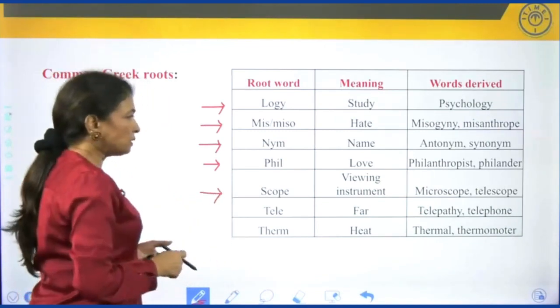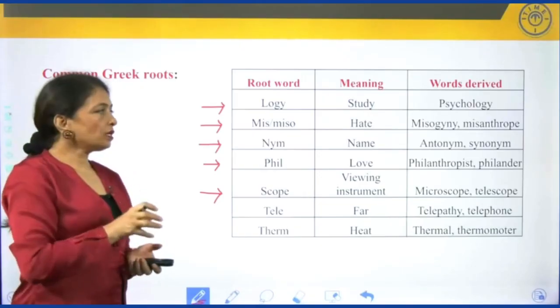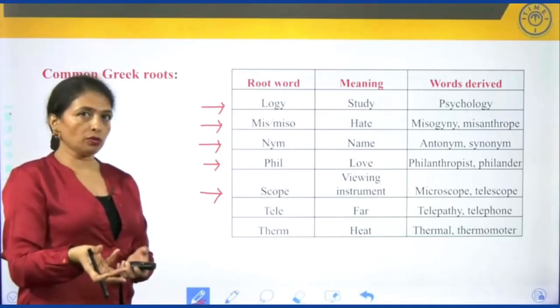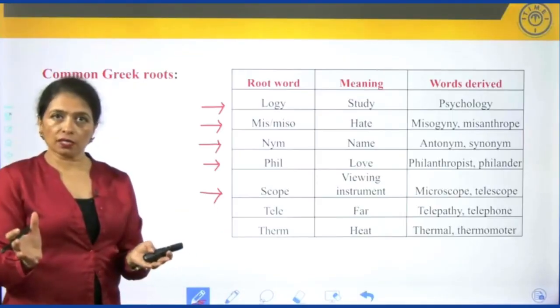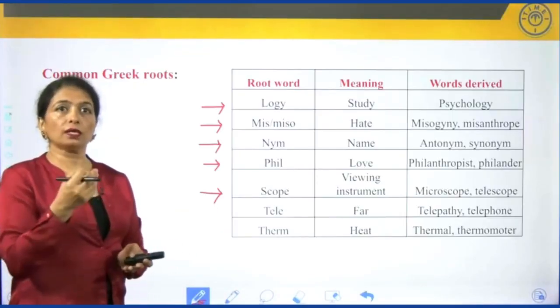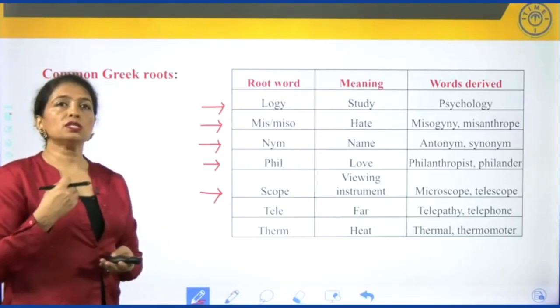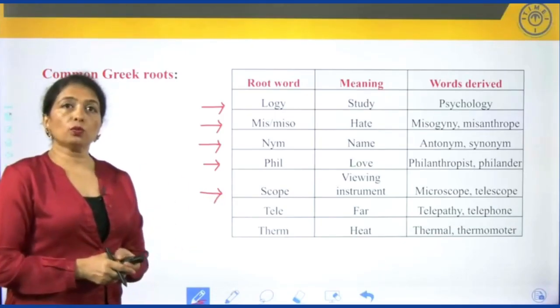Scope means a viewing instrument. Scope is a viewing instrument, and microscope, telescope. So, microscope we all know is an instrument which magnifies things for us which are very microscopic, and so it is helpful in that way, and telescope helps us to see things that are far away. Now, here tele is another word. So, what does tele mean?